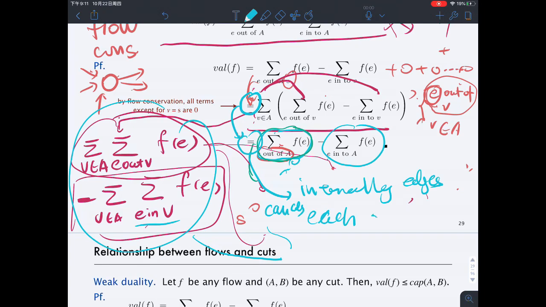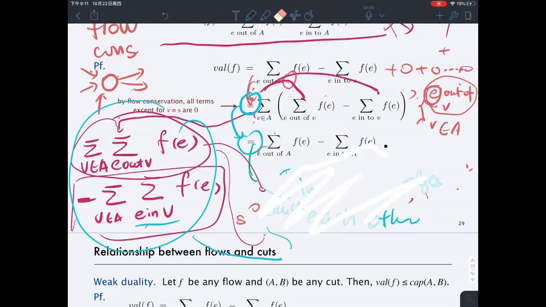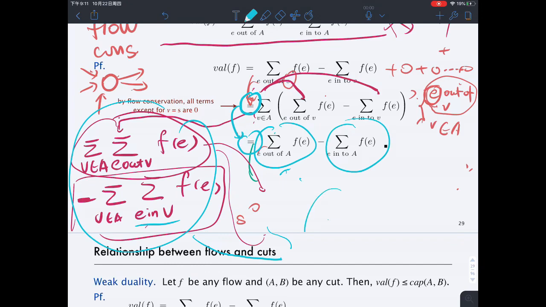After we remove all the edges that cancel each other, the only remaining terms would really just be the edges that are coming out of A, and those edges that are coming into A.